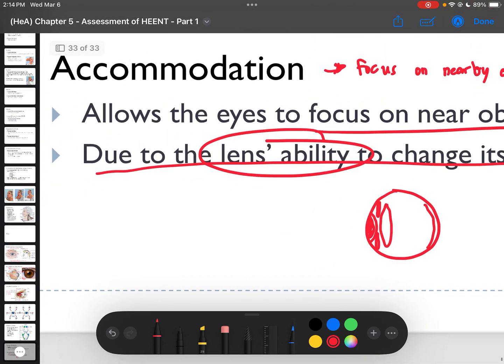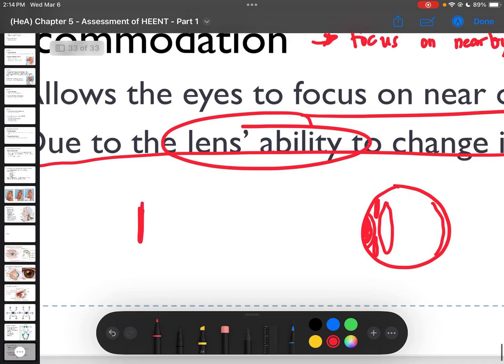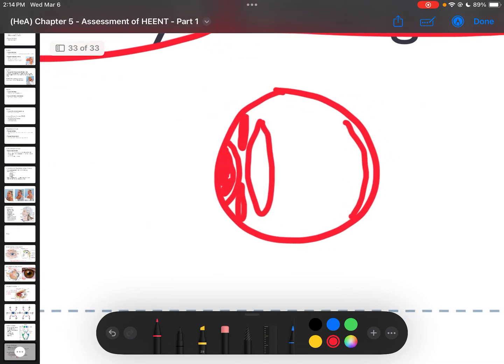Now, if, for example, the object is very far, let's say, for example, a candle. If the object is very far, it means that the eyes need more information. Because it's far, right? So what it does is very simple.